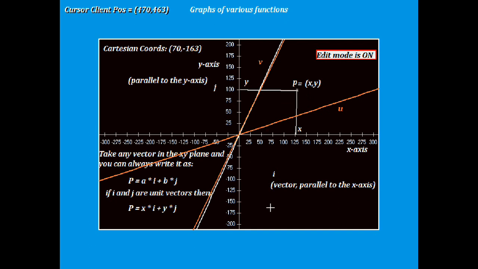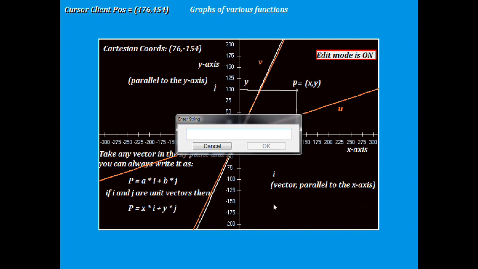That is, you can always write the same point P. I won't type it in, I'll just write it. Equals, but I'm going to do it in a special way.